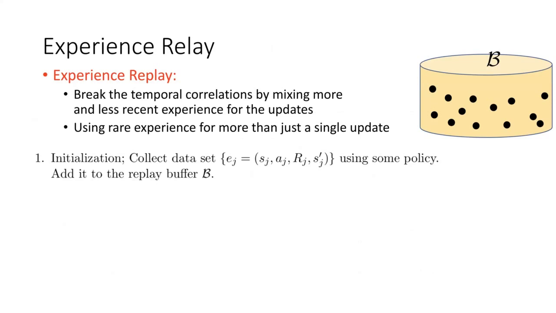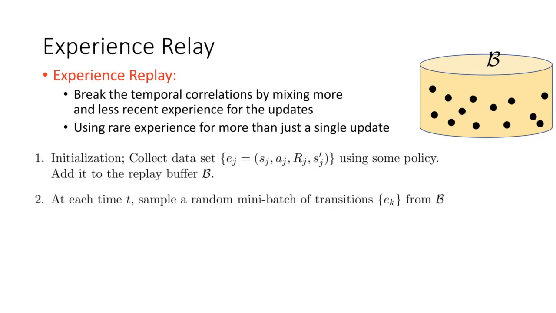What you do is create a data bucket B, which I call the replay buffer. Initially, assume that you use some random, arbitrary policy to generate data points. That is current state, current action, reward, and the next state. You generate a lot of data points and put all these data points into this bucket. Now you're going to mimic supervised learning, or rather neural network stochastic gradient training, in some way.